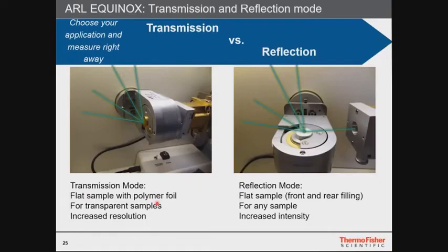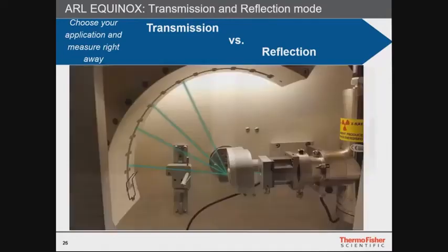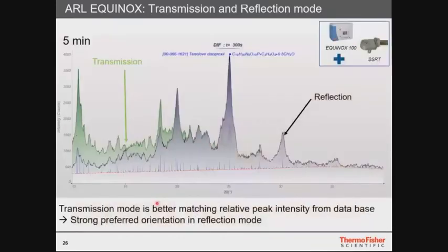It's just a shift of the sample holder by 90 degrees. And this one works with flat samples. We have front and rear filling sample holders. It works for any sample, and you have an increased intensity compared to transmission. This is how it looks in the instrument. So you can see it's quite narrow space, but it works nicely, and it's really easy to change between those instrument types.